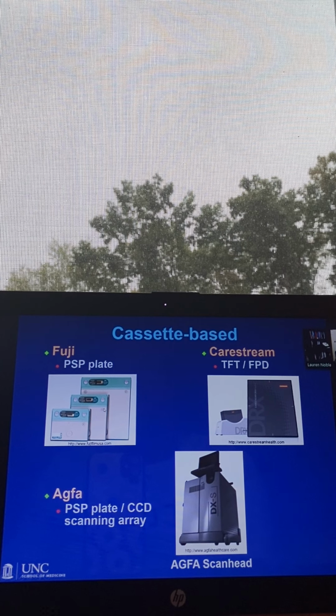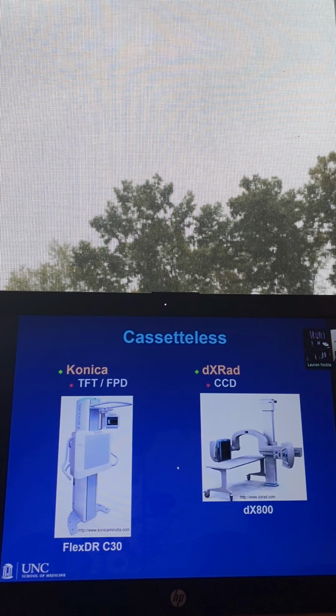So purchase these cassettes and get the reader device, just like we have down in our lab. So that was the most economical way for a facility to convert to digital. And plus it was first on the market. Even when these devices came out, a lot of facilities, when they converted to digital, would use the Fuji cassettes like we had, just because it was a lot more economical than actually purchasing this equipment.